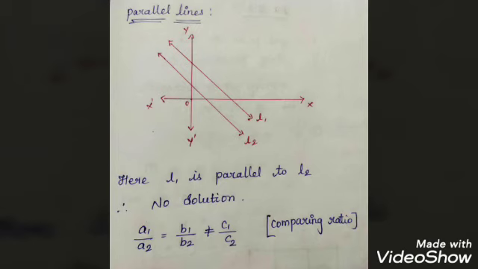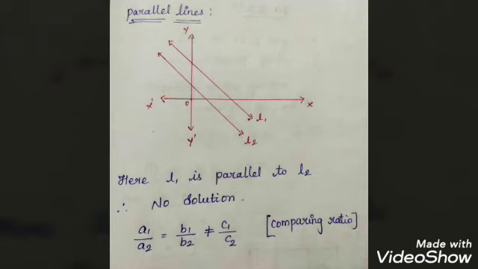The next is parallel lines. See here 2 lines L1 and L2. Those 2 lines are parallel, which means they will not meet each other. They will not intersect at any point. So this kind of graph has no solution. According to the ratio, a1/a2 = b1/b2, but it is not equal to c1/c2.